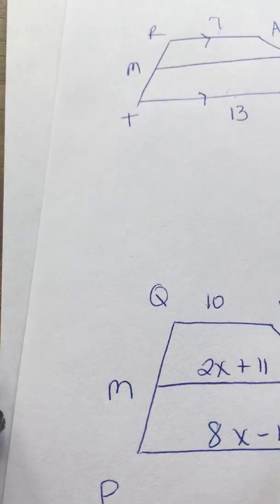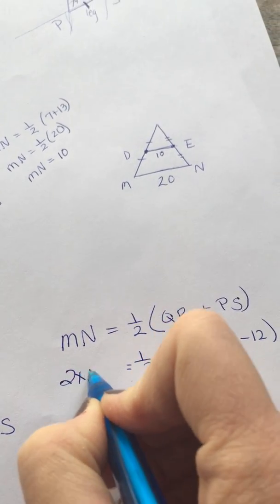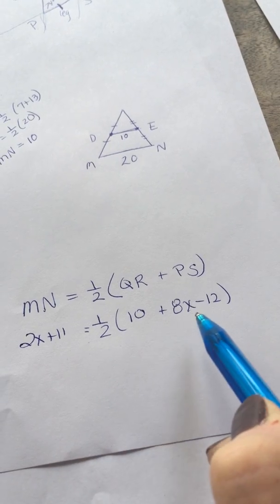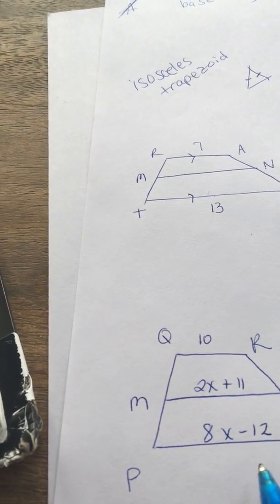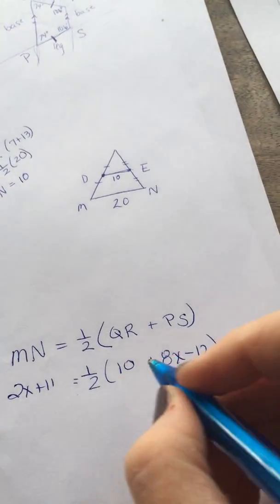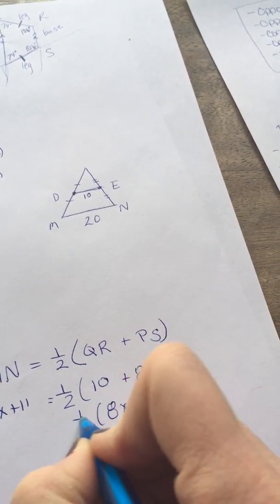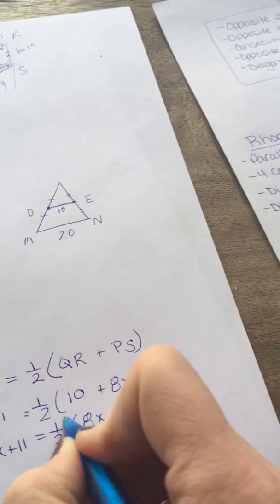So MN is 2x plus 11. It will be 1/2 of 10 plus 8x minus 12. I'm just going to add up my two bases. So this will be 8x minus 2. I'll multiply that by 1/2 and distribute.